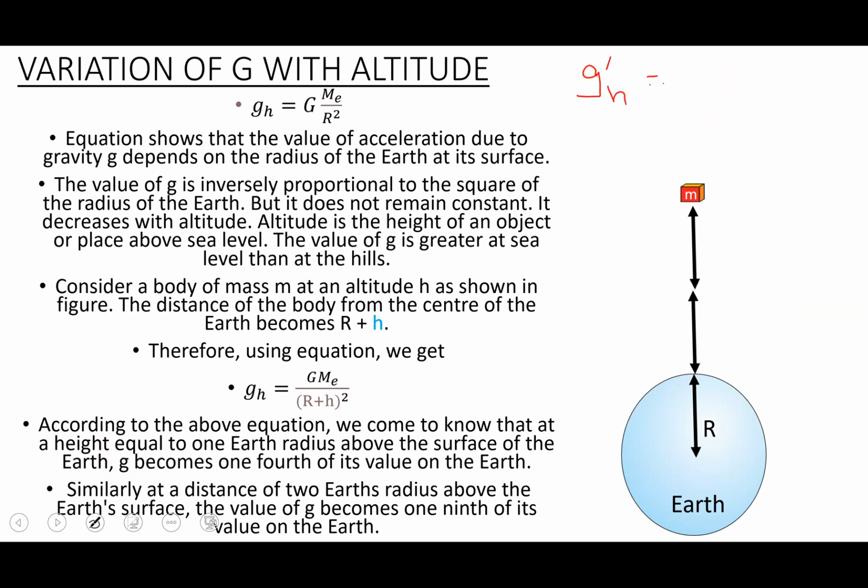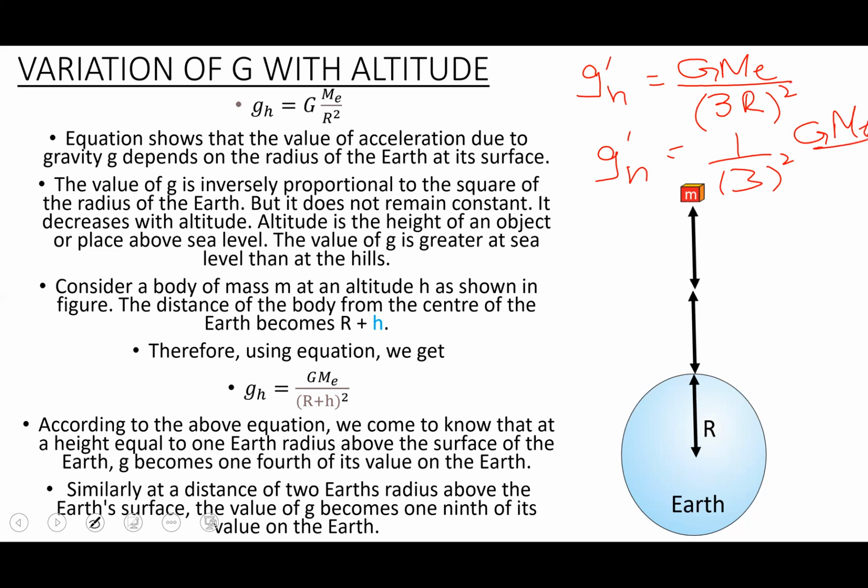So g dash will be equal to GM_e divided by (3R) whole square. Now, if we take the 3 square out separately like this, it is 1 over 3 square into GM_e divided by R square right over here.